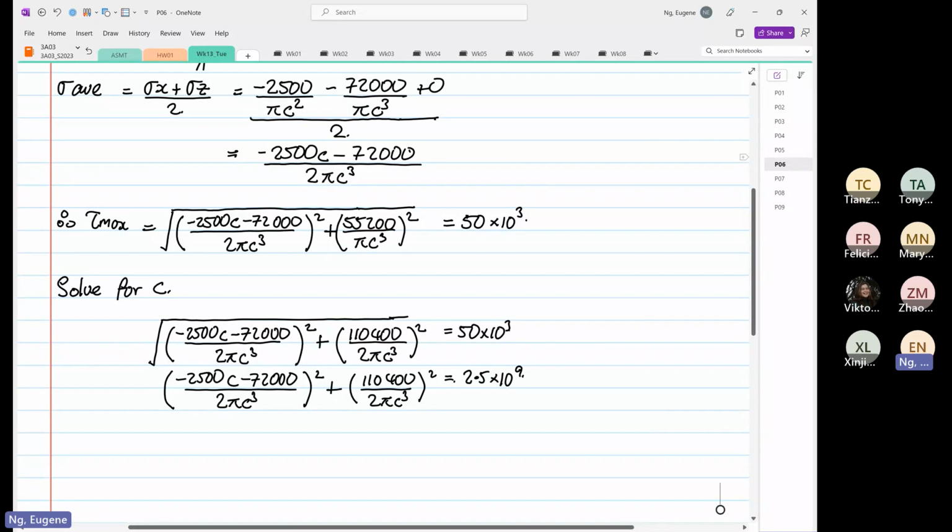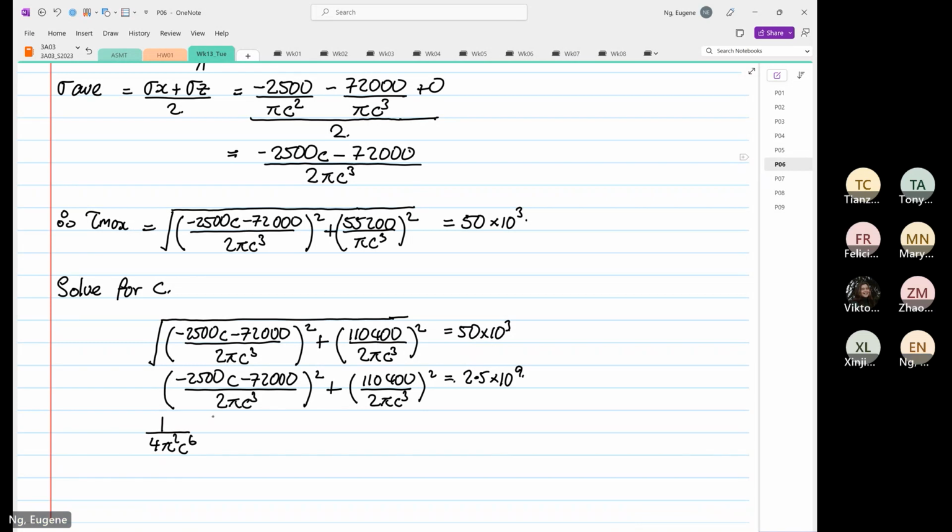Then I'm going to take out the common denominator. So 1 over 4 pi squared C to the 6. Then this will be minus 2500 C minus 72,000 squared plus 110,400 squared. So this is equal to 2.5 times 10 to the power 9.